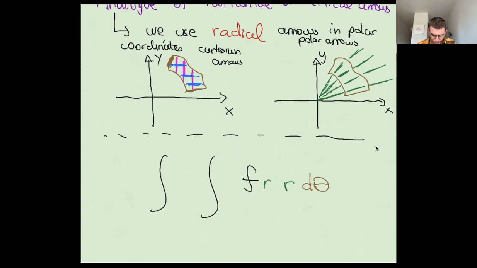If you do the integral in this order, what you put here is the equation where the radial arrows enter the region.